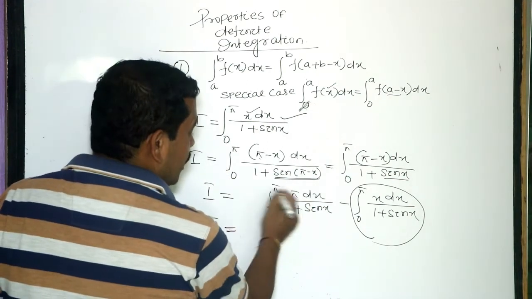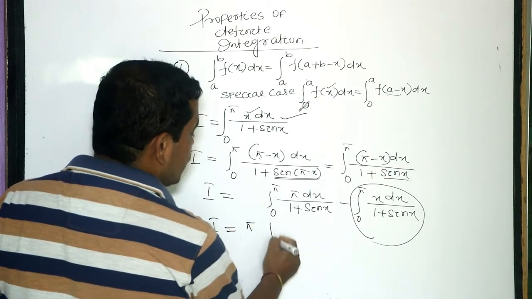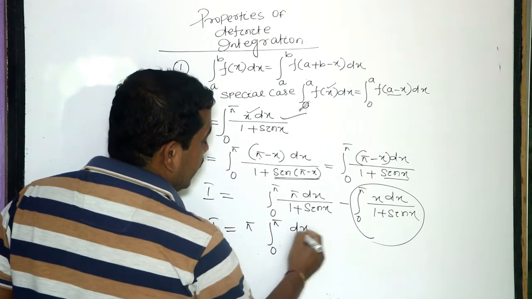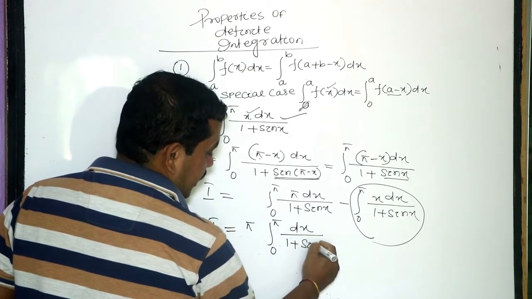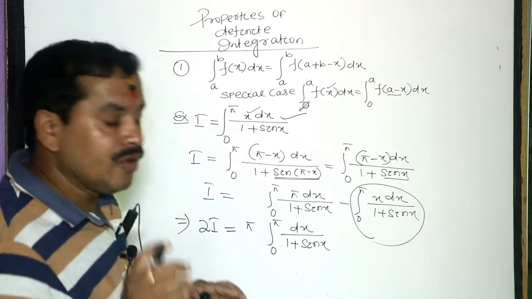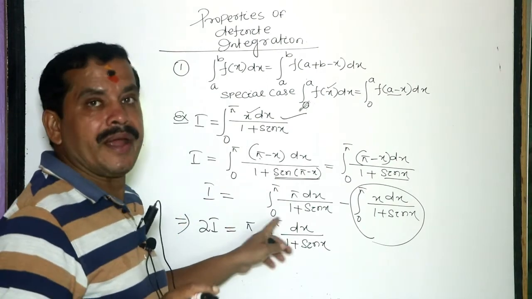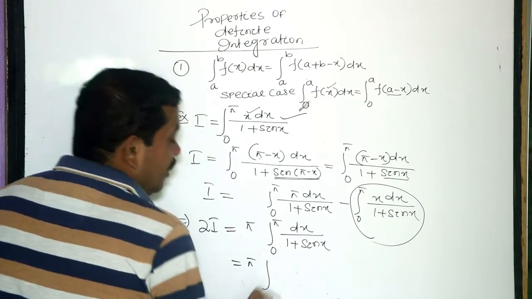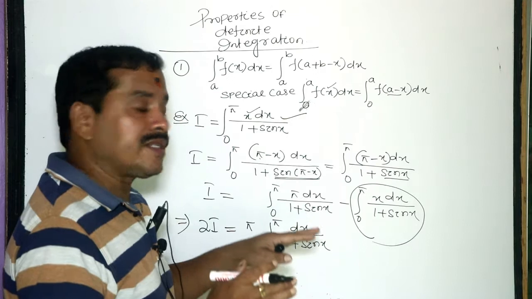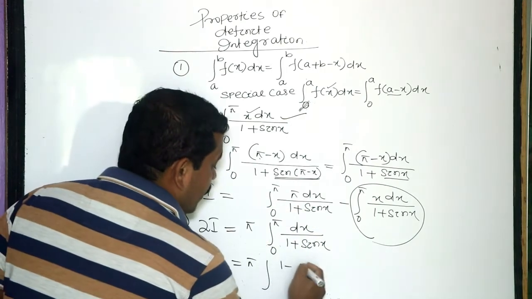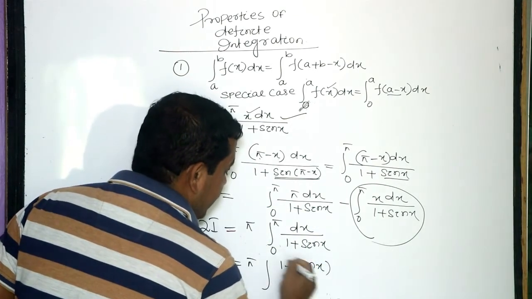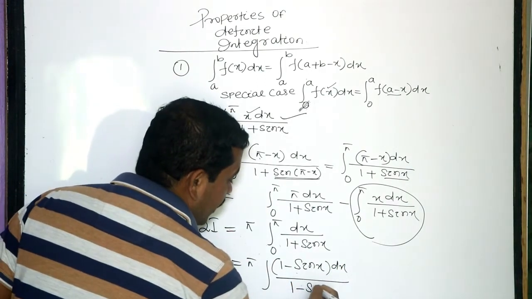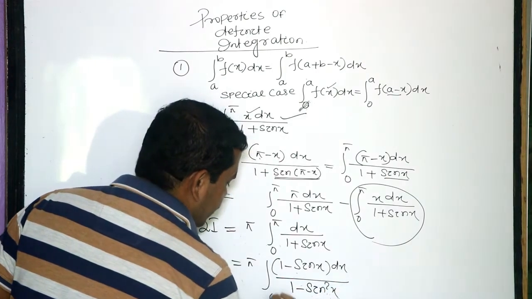2I is equal to, taking pi common from outside the integration, pi times 0 to pi dx by 1 plus sin x. Now we have to evaluate the integration 0 to pi dx by 1 plus sin x. That is equal to pi, multiplying 1 minus sin x in the numerator and the denominator. The numerator is 1 minus sin x dx, divided by the denominator 1 minus sin square x.